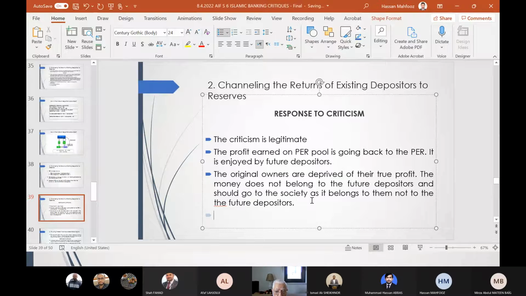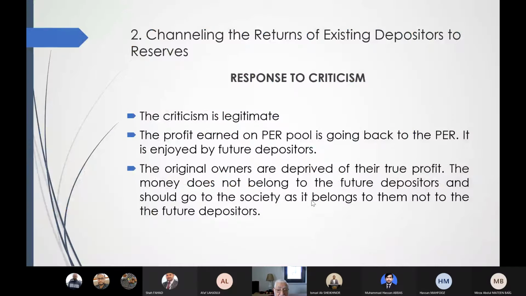So the contract would say your share of the profit is 2%, the Mudarib share of the profit is 98%. But be sure verbally we will give you more profit. That will give the management the freedom to assign any share of the profit above the 2% that is contracted.